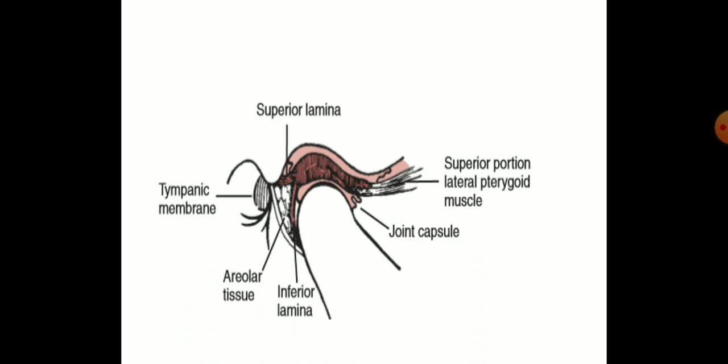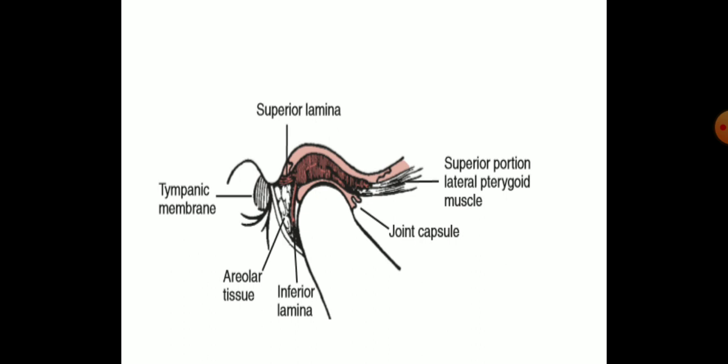The superior lamina allows the disc to translate anteriorly along with the eminence during mouth opening. Whenever we open our mouth, the superior lamina allows the disc to move forward. The superior lamina is much more elastic than the inferior lamina, and because of this elasticity it retains its position when we close our mouth.